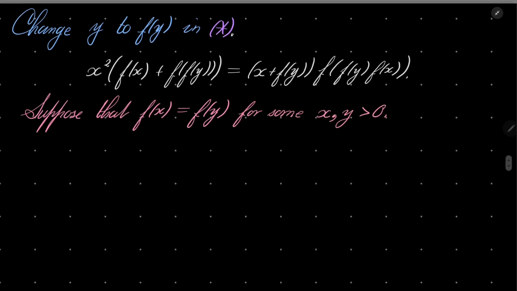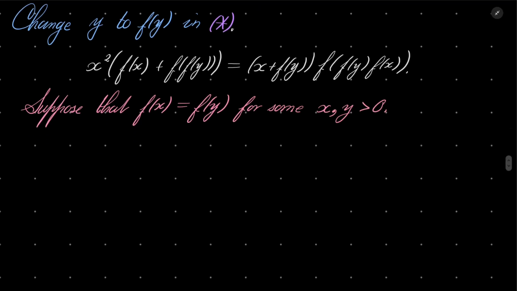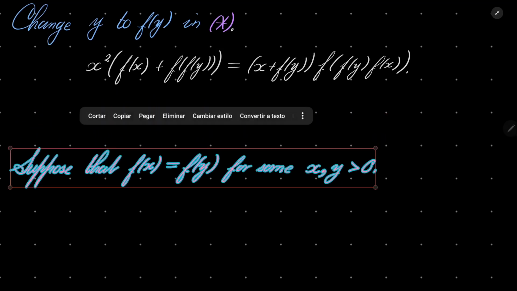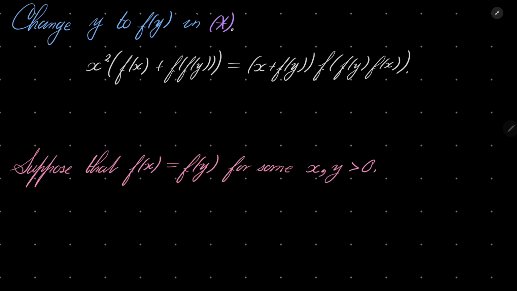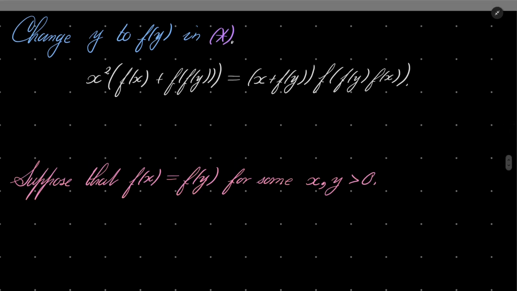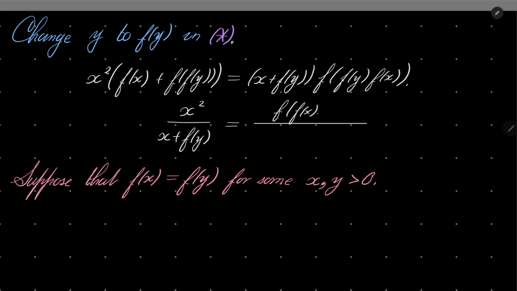Okay, before we do it, because we are dealing with positive numbers, we'll transform the previous equation a little bit, because it can be written as x squared over (x + f(y)) equals f(x) times f(y) over (f(x) + f(y)).